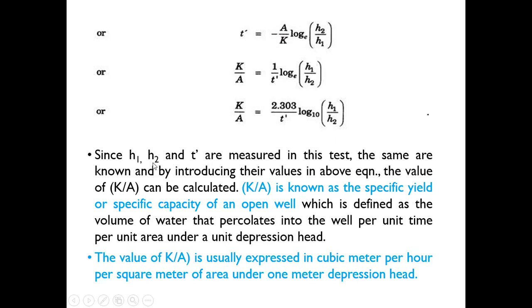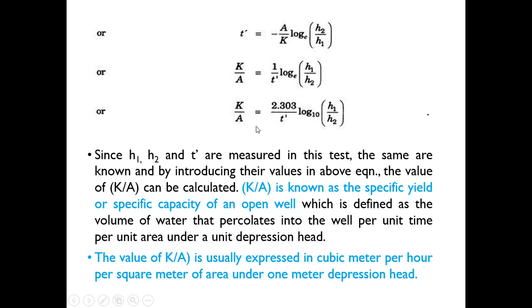Since h1, h2 and t are measured in this test, these are measurable, and in the recuperation test we can measure the values of h1, h2 and t. The same are known, and by substituting their values in the above equation, the value of k can be calculated.